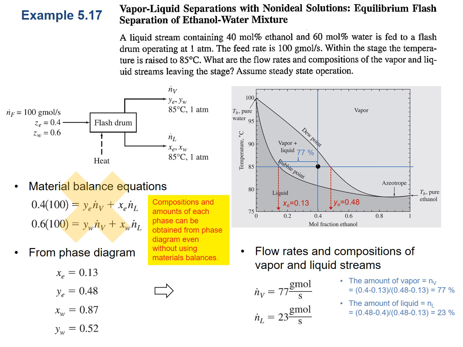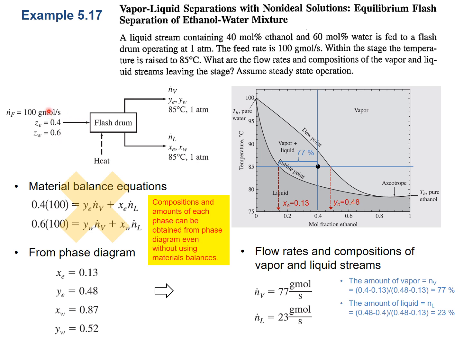Another example, 5.17, which is about vapor liquid separations with non-ideal solutions. Equilibrium flash separation of an ethanol water mixture. Let me check what kind of things happen there. A liquid stream as the feed stream containing 40 mole percent ethanol, E for ethanol, W for water, 60 mole percent water is fed to a flash drum operating at 1 atm.